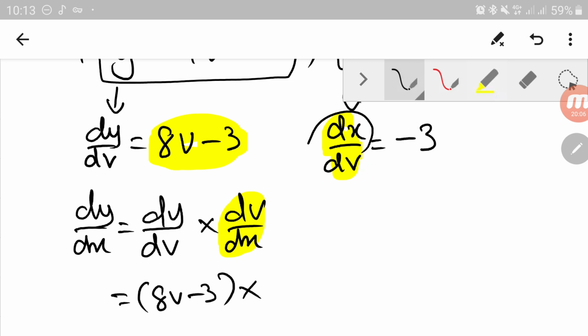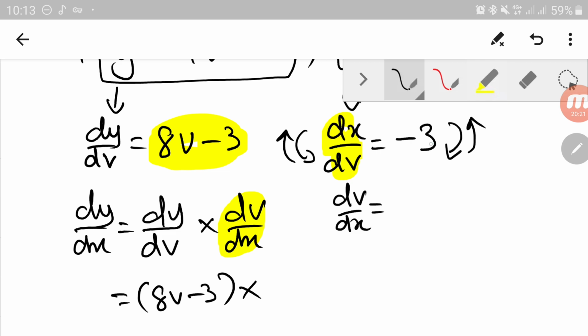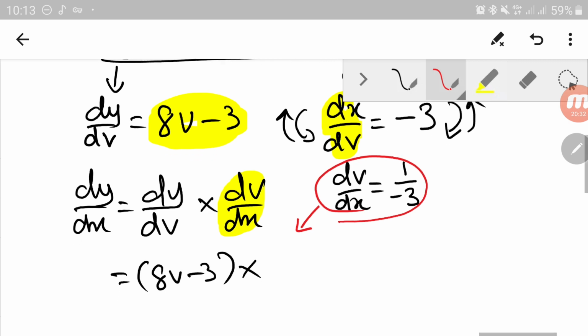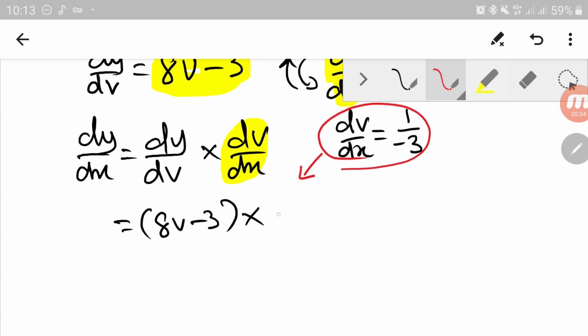We just turn this upside down. So dx/dv, which is minus 3, becomes dv/dx, which is 1 over minus 3. So we can substitute and multiply by 1 over minus 3.